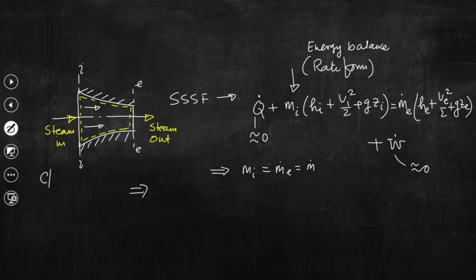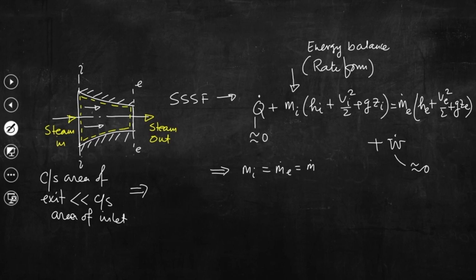So, cross sectional area of exit is much less than cross sectional area of inlet. What we can write from this is V_e is much greater than V_i.